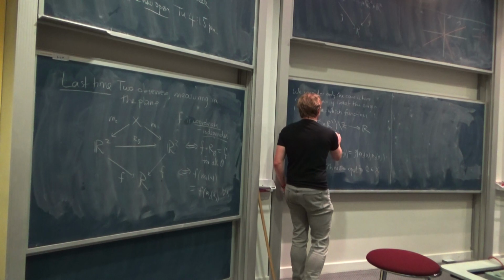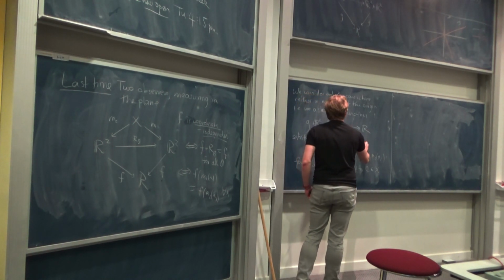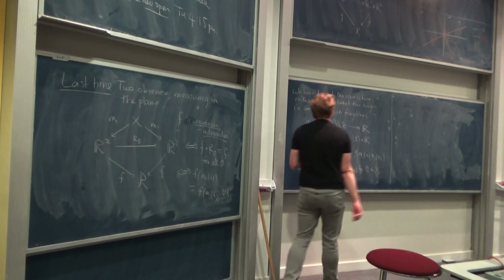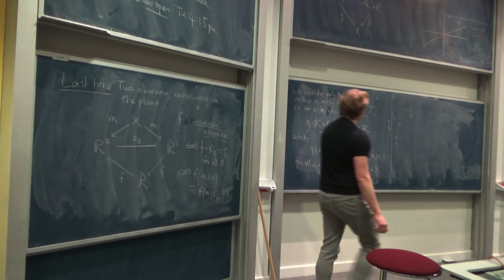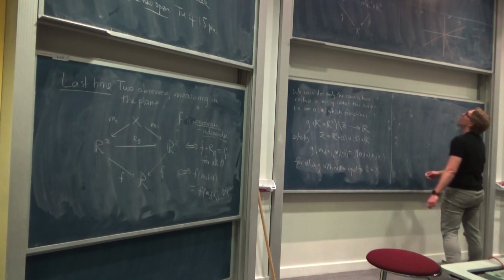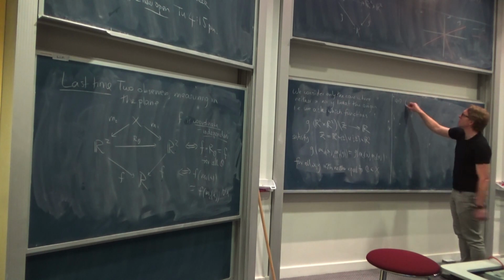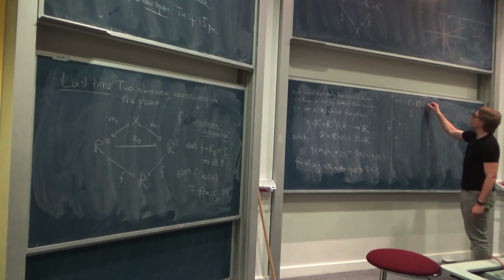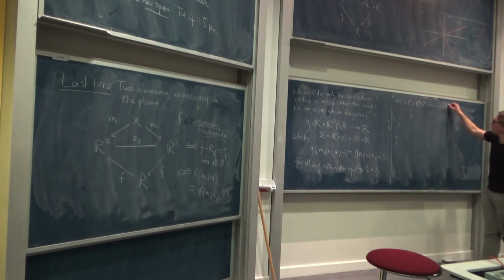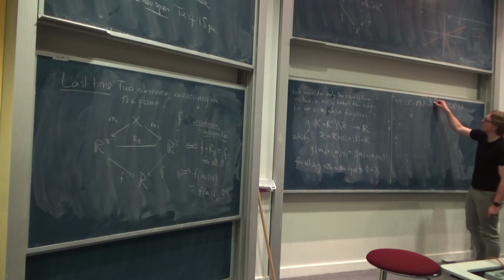So let's say R2 cross the 0 vector, union the 0 vector cross R2. And again, that's equivalent to this diagram commuting where I take out Z. Notice that the rotation matrix, when it operates on a pair, never sends non-zero vectors in R2 to 0 vectors.